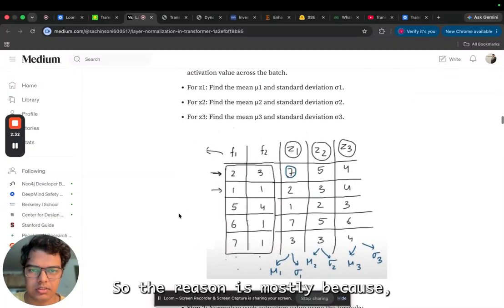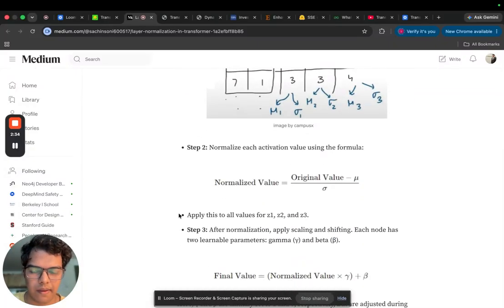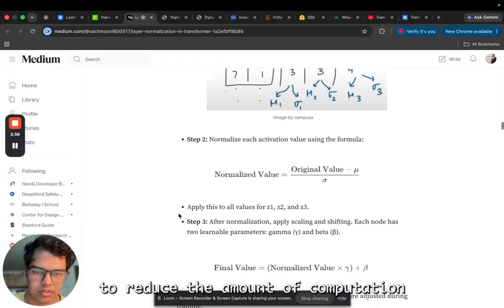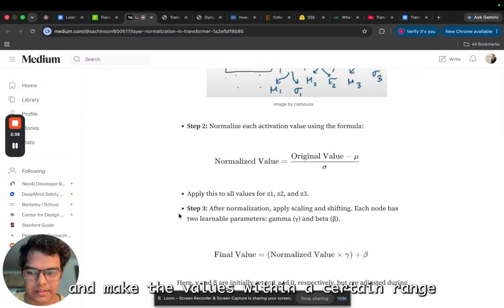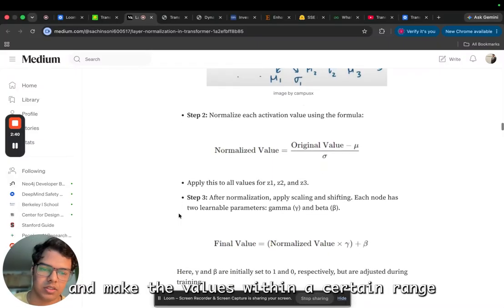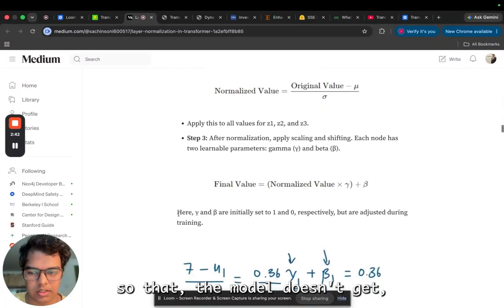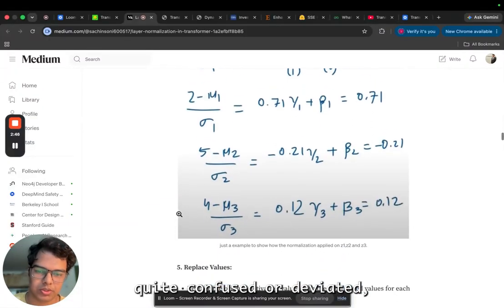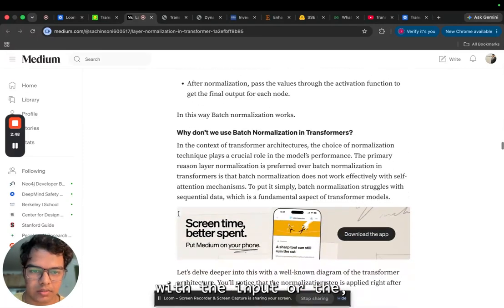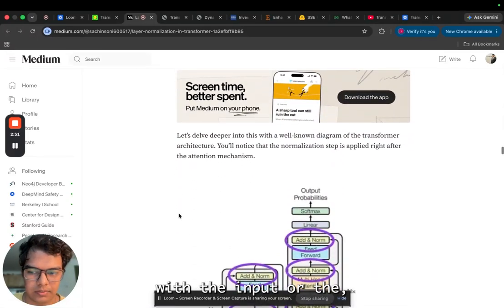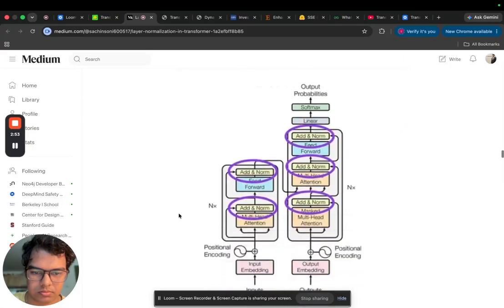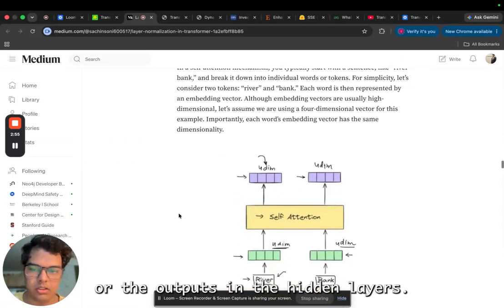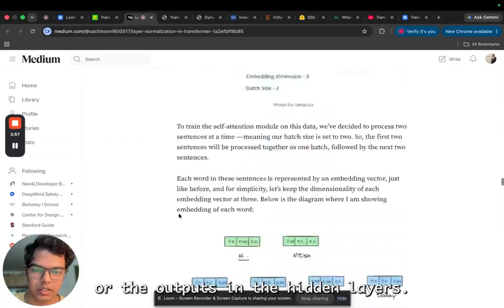The reason is mostly to reduce the amount of computation and make the values stay within a certain range, so that the model doesn't get confused or deviated with the inputs or the outputs in the hidden layers.